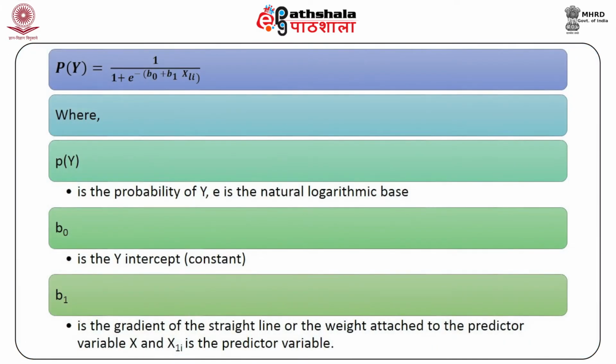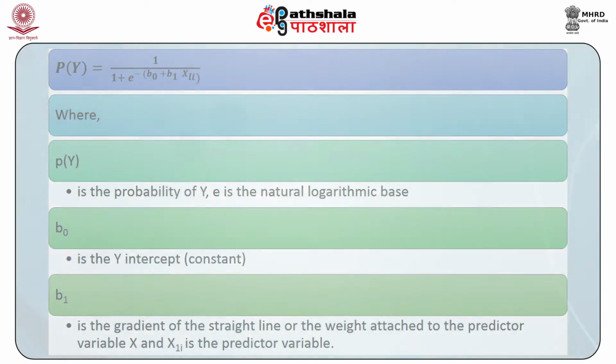The binary logistic regression equation is P(y) = 1 / (1 + e^-(b0 + b1x1)), where P(y) is the probability of y, e is the natural logarithmic base, b0 is the y-intercept which is a constant, b1 is the gradient of the straight line or the weight attached to the predictor variable, and x1 is the predictor variable.